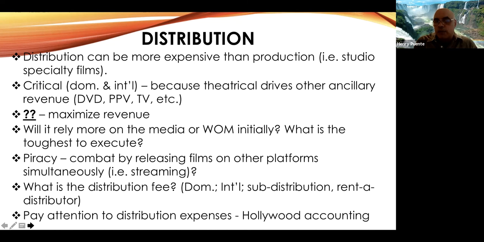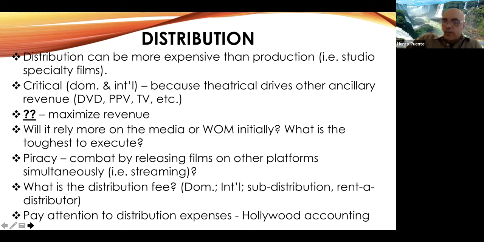So it wouldn't be surprising to have distribution be more expensive than production for those sorts of movies. For studio movies, not the case. Generally, studio movies, the production cost is more expensive than distribution costs.